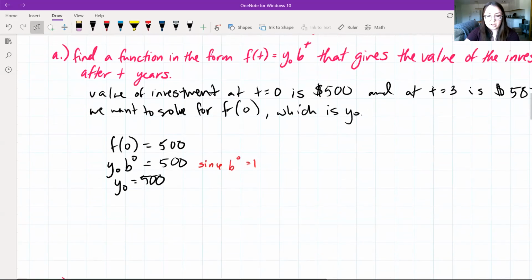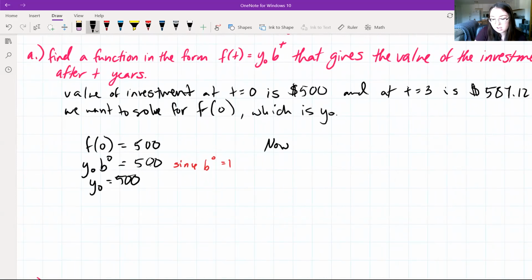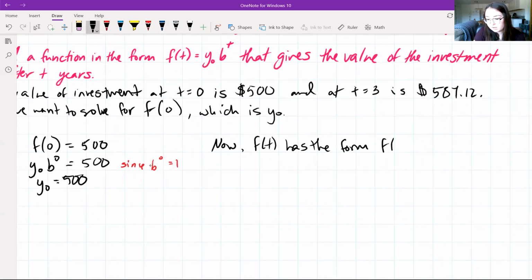So now that we've found what our y naught is, f of t has the form f of t is equal to 500 b to the t power. And now we can solve for t equals 3.